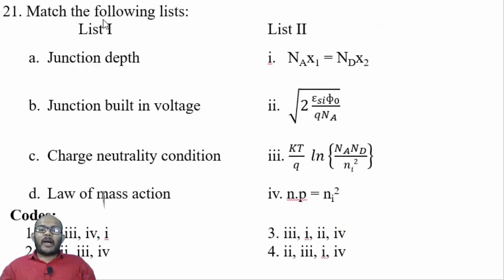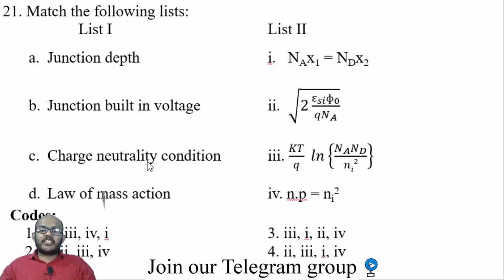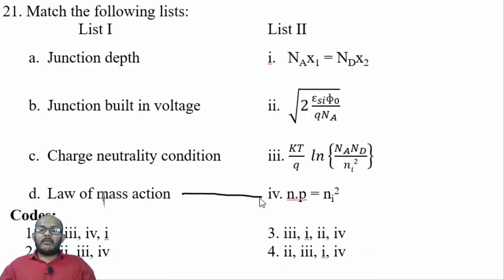21st question, match the following: junction depth, junction built-in voltage, charge neutrality condition, law of mass action. We know the mass action law is given by np equals ni square. Junction depth is the square root of 2 epsilon Si phi naught divided by q Na.